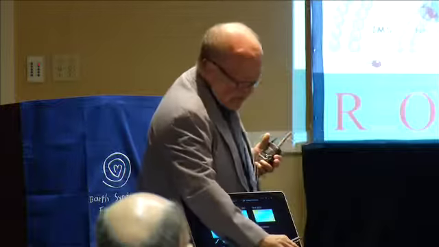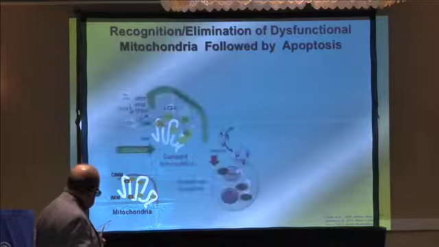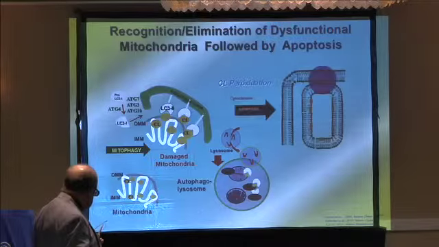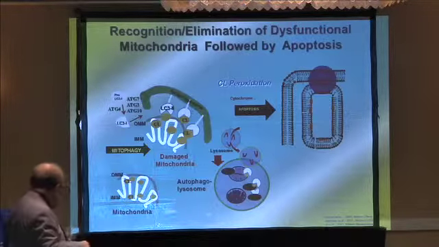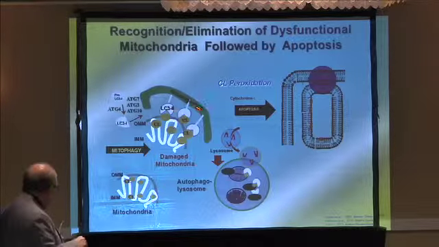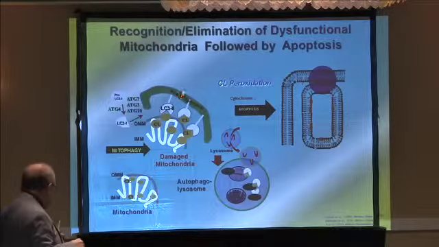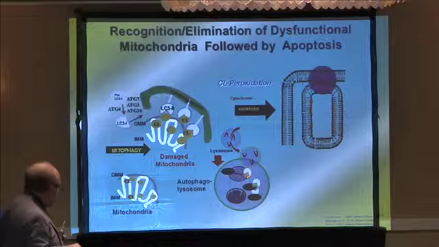Does it happen? Amazingly, I was not able to find a single paper on this subject. But essentially, what is the process that we're talking about? Again, bad mitochondria will undergo mitophagy. And this is a good pro-survival pathway, and if it works efficiently, fine, you don't need anything else.